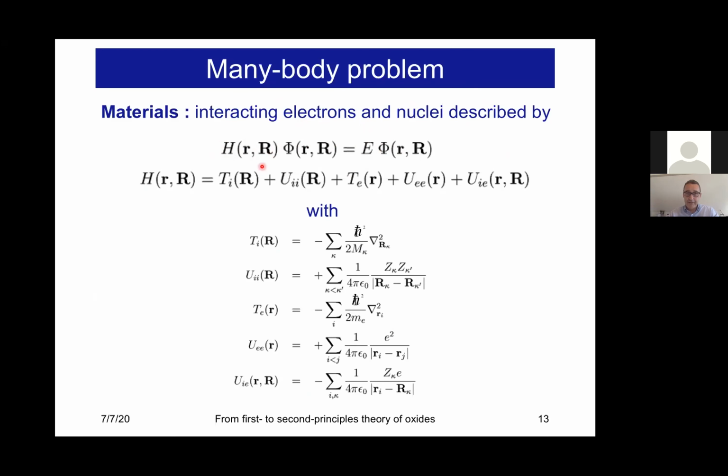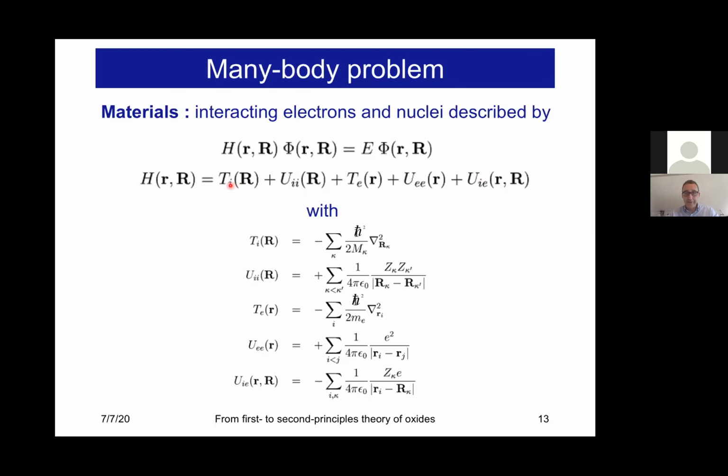And the Hamiltonian is relatively simple because it includes, of course, different contributions: the kinetic energy of the nuclei, the interaction energy between the nuclei, the kinetic energy of the electrons, the interaction between the electrons, and the interaction between the electrons and the nuclei.